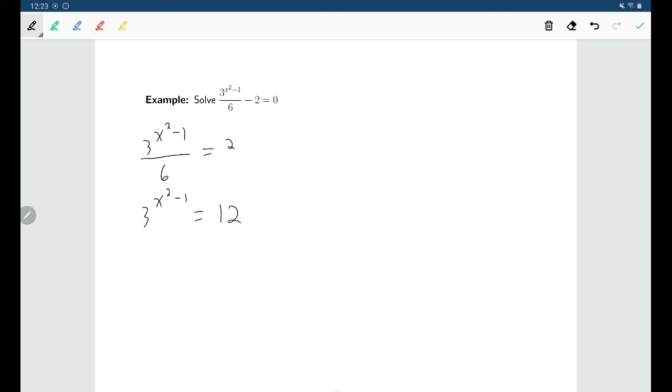And now, at this point, like I said, you could choose to rewrite this either as a log with base 3, or you could use natural log, whichever you prefer. I'm going to use natural log here. If you want to confirm your answer with log base 3, you can, and see that they turn out to be equivalent, but I'll take natural log of both sides. That'll be how I'll solve it.